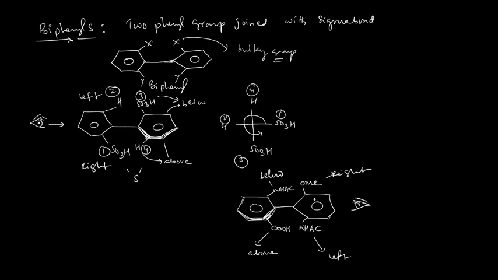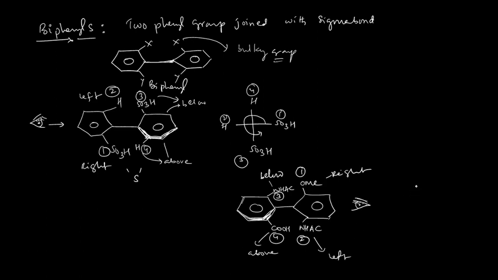Near groups: O and N. O atomic number 8, N 7. OMe group gets first priority, NHAc gets second priority. Coming to far groups, carbon and nitrogen. Nitrogen has atomic number 7, carbon 6. Then this group gets third priority, then this, fourth priority.